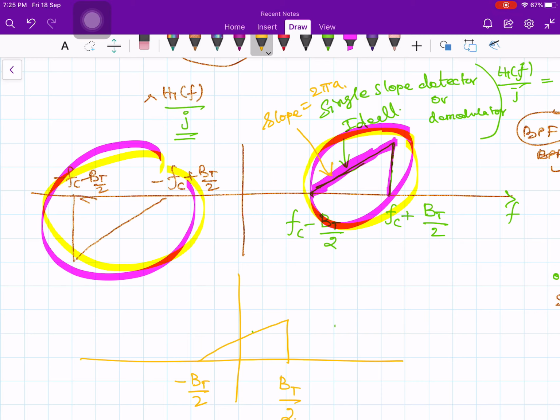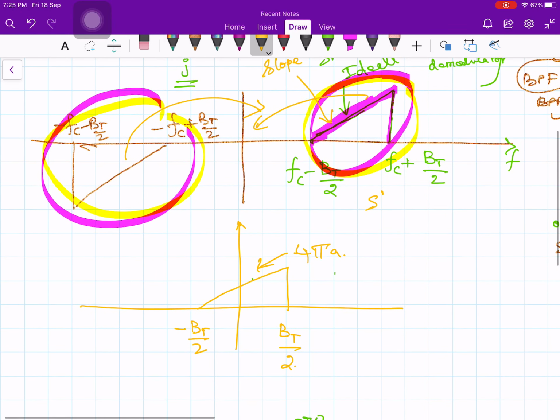Therefore the slope is equal to 2 pi a. This 2 pi is just arbitrarily selected. The moment you bring it back to the complex envelope, this slope becomes, because this is coming over here and this one is also coming over there, 2 pi a plus 2 pi a, which is 4 pi a. The slope becomes 4 pi a in the complex envelope, where a is a constant.